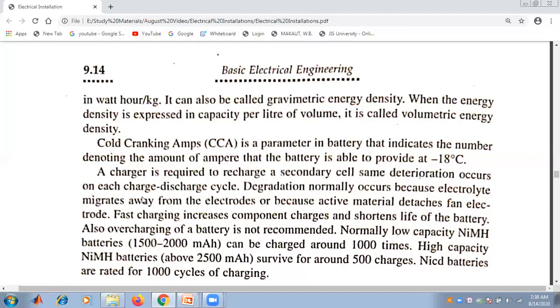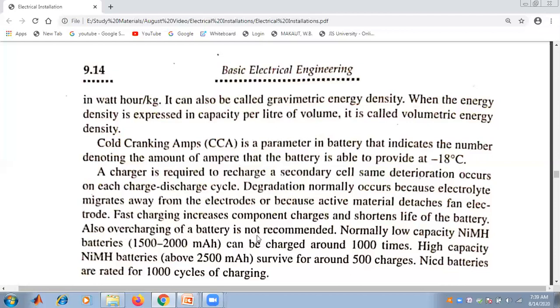Degradation normally occurs because electrolyte migrates away from the electrode or because active material detaches from the electrodes. Fast charging increases component stress and shortens the life of the battery.